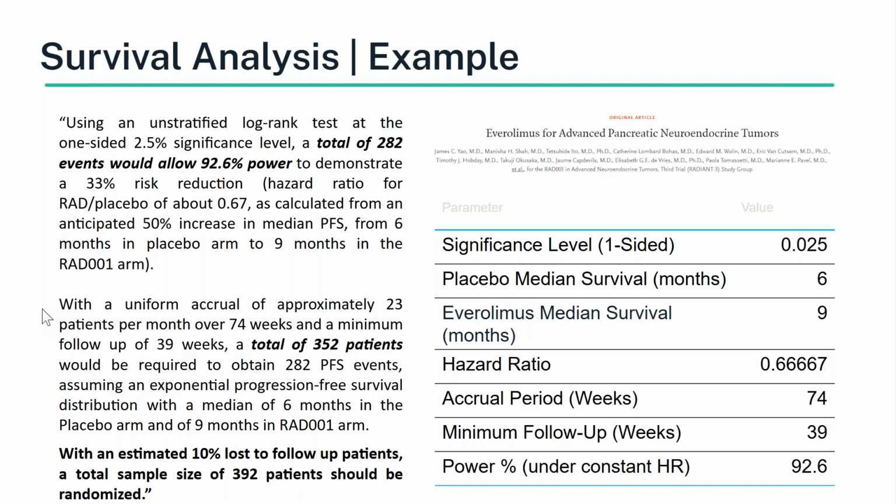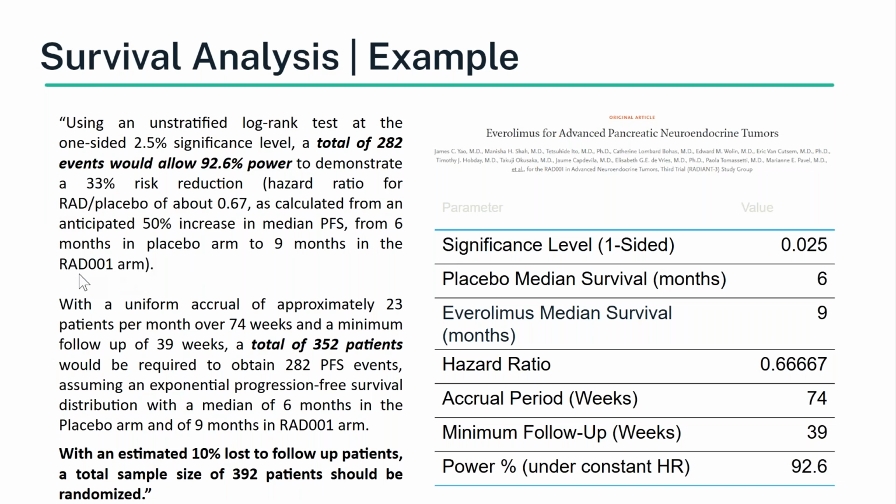In this trial, they're performing a log rank test with a one-sided 2.5% significance level, and we need 282 events rather than sample size to allow for 92.6% power to show a hazard ratio of 2/3. That's calculated from our median progression-free survival of 6 months and 9 months in the control and treatment group respectively.